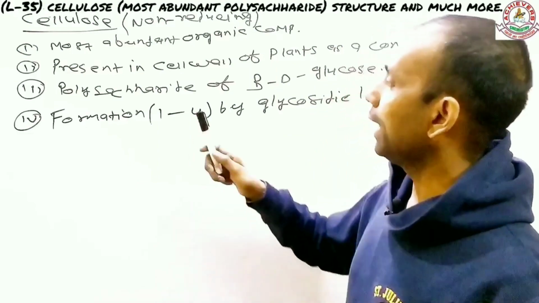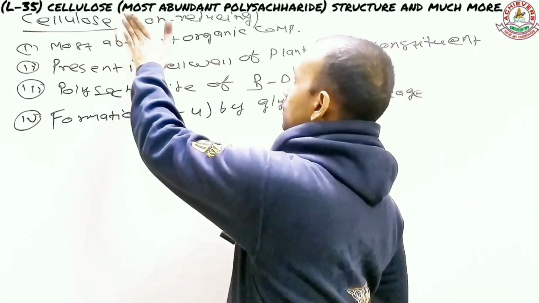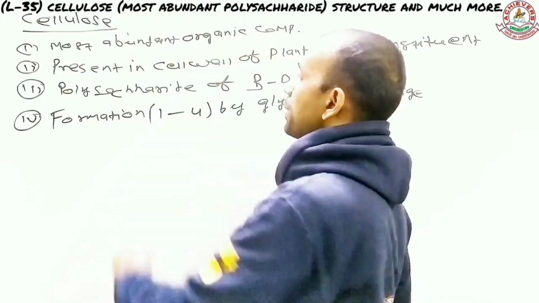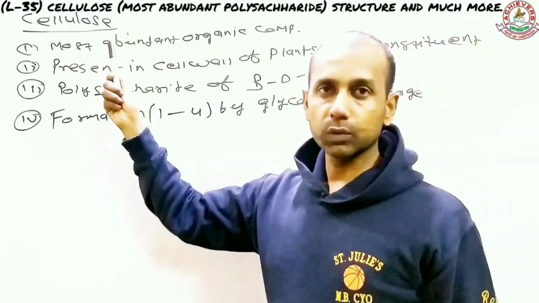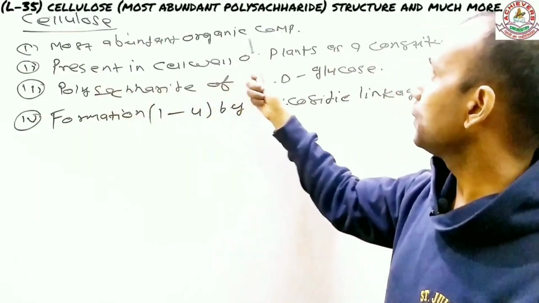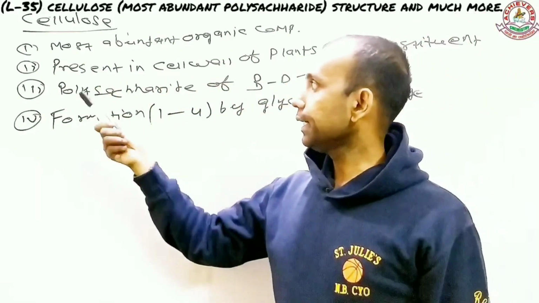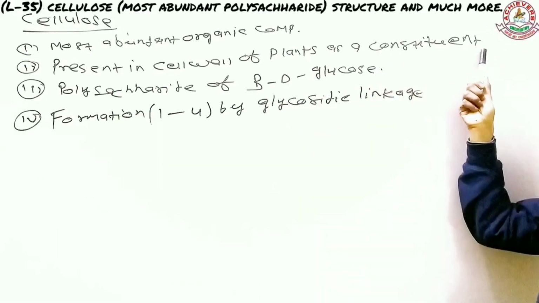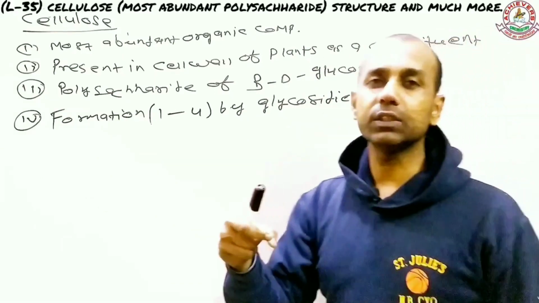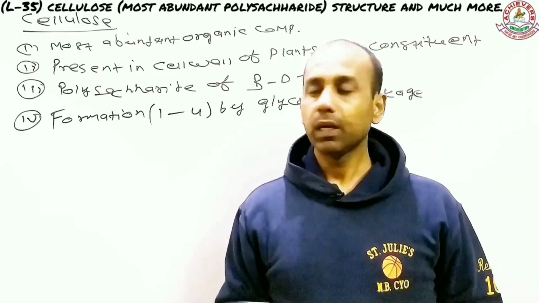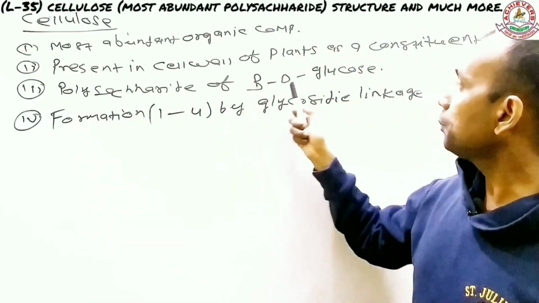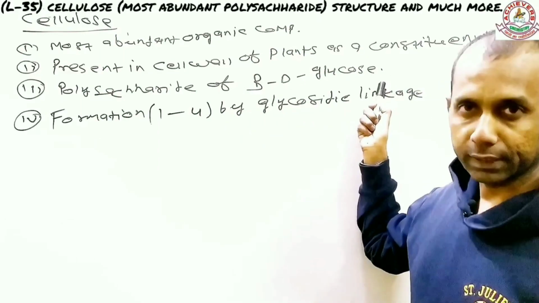The first thing is, don't get overwhelmed by this one, because I will explain what this is structurally later on. The first thing about cellulose is that it is the most abundant organic compound. Second, it is present in the cell wall of plants as a cell wall constituent. Third, it is a polysaccharide made up of beta-D glucose only.